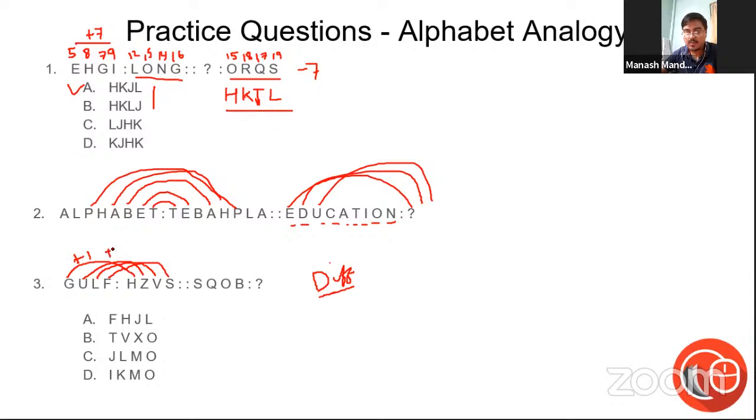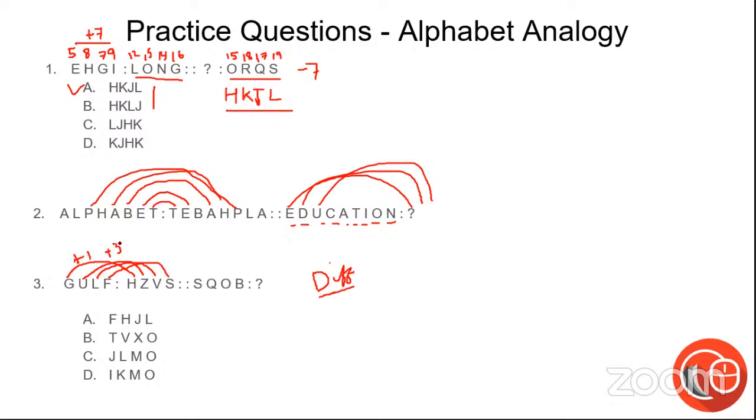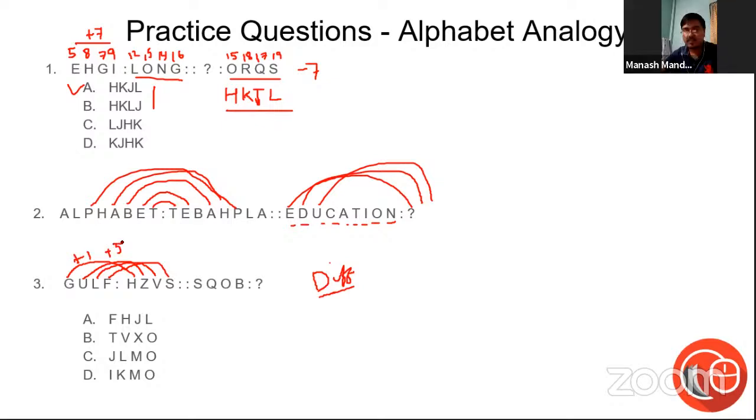U plus 5 is Z, right? L plus 9 is B, and F plus 13 is S. So you have to use these numbers to add up with these letters in order to get the answer.